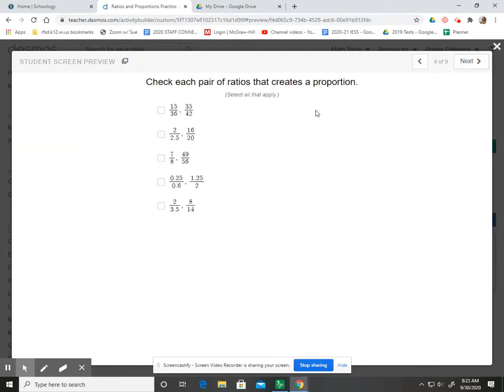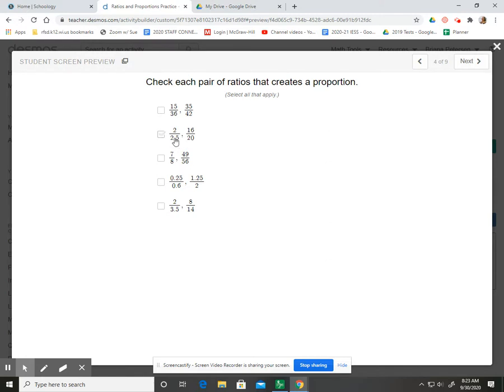Next will be checking each pair of ratios. We need to see if they create a proportion. So you'll look at the two ratios given, and you can either use cross products to see if they're proportional, or you can simplify both ratios and see if you come to the exact same simplified answer.